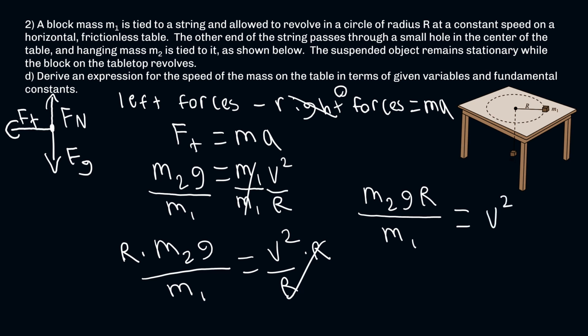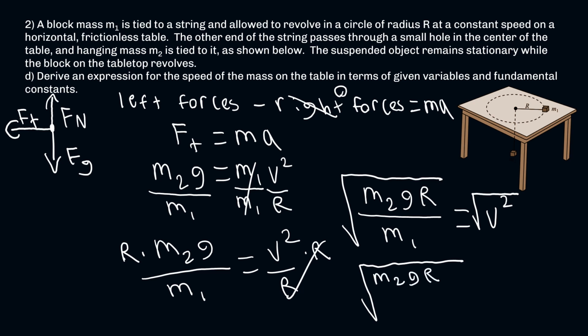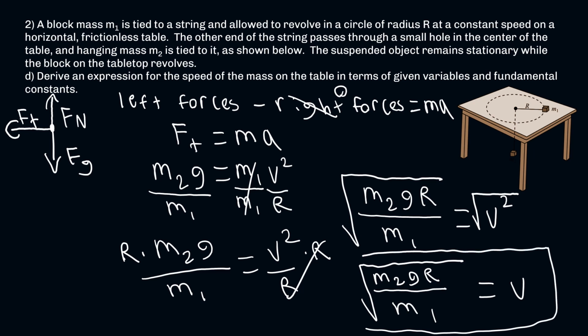My last step: since I have a square on the right side, I do the opposite of squaring, which is taking the square root of both sides. I'll be left with my expression for speed, which is the square root of m2 times g times capital R all over m1, and that is my final answer, my expression for the speed of the block on the table.